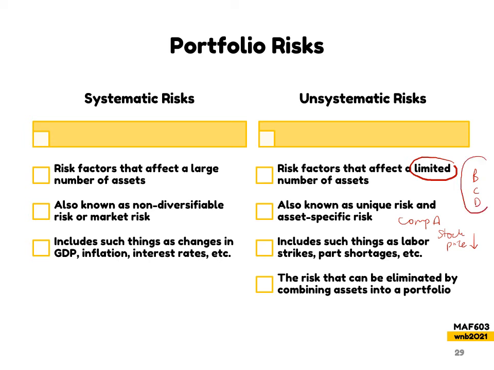Nothing happened here because the risk factor is only related to company A. It is a unique risk or asset-specific risk.